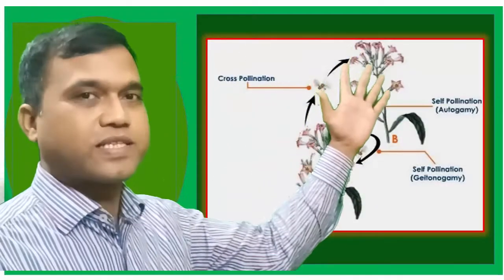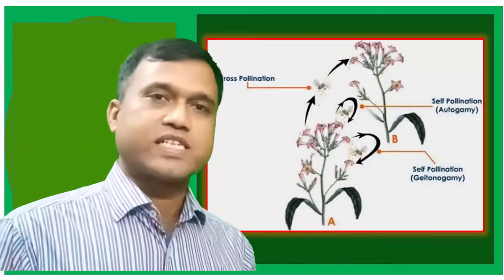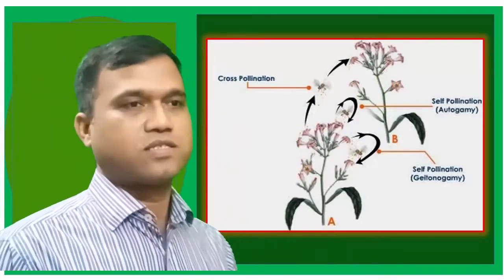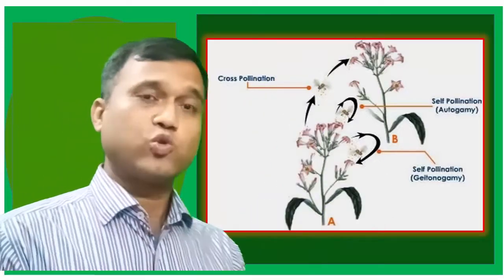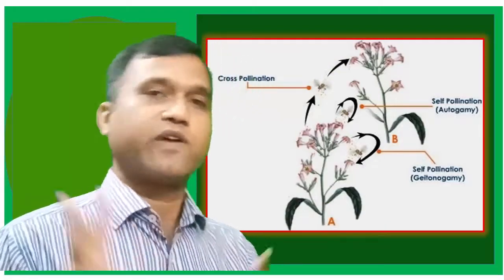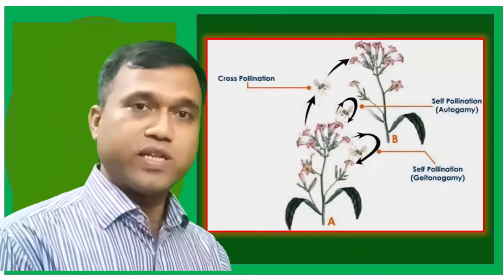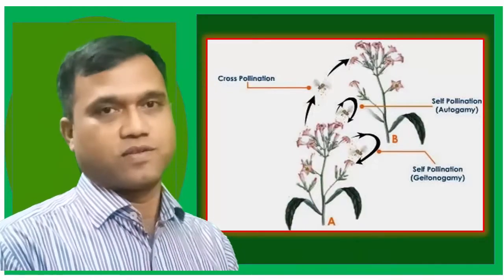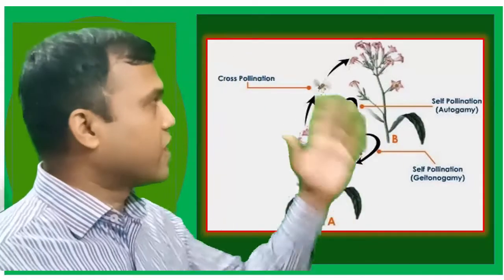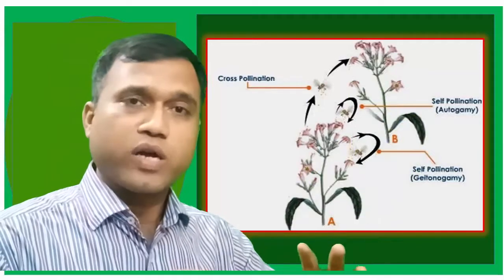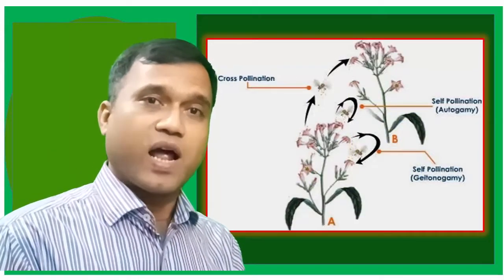This is a picture of the pollination process. We know that pollination is of two types, cross pollination and self pollination. Cross pollination occurs between two flowers of two different plants, and self pollination occurs within the same plant's flower. Self pollination is of two types. The first one is autogamy. Autogamy occurs in the same flower of the same plant.